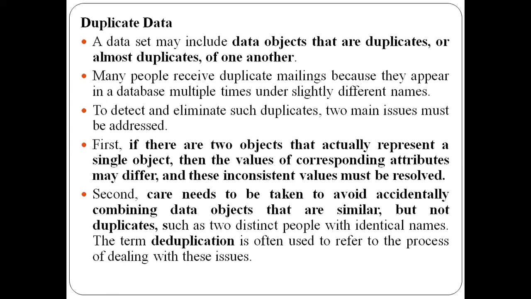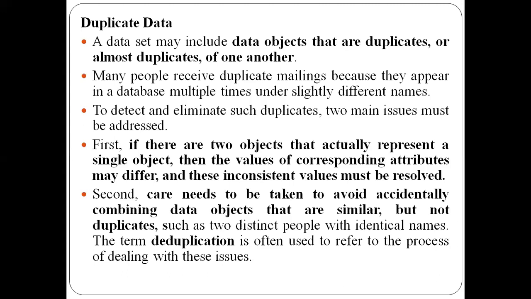That is one thing you can do. Suppose both objects represent the single object, sometimes the values of an attribute may differ. If it is not much consideration for you, then you can eliminate such duplicate objects. And there is one more thing I need to take care of here.